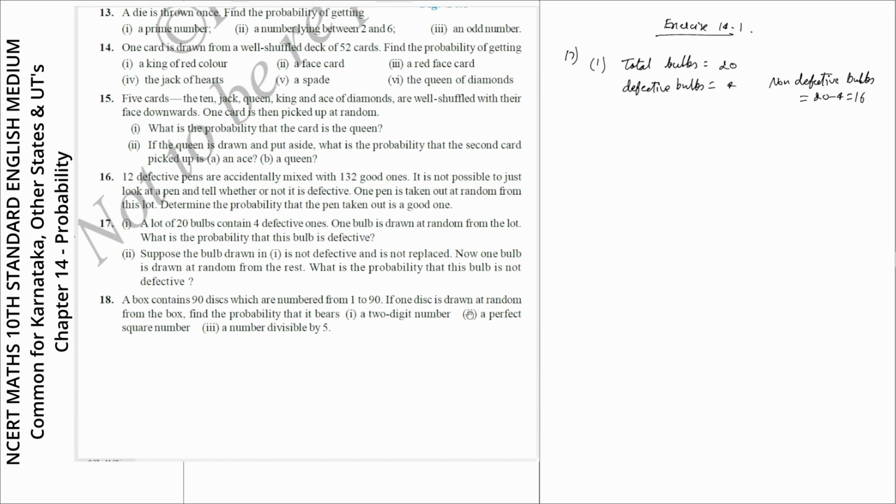Now, total bulbs are 20, defective bulbs are 4. Now, if I pick a bulb from this lot, what is the probability that a defective bulb is picked? That's the question.